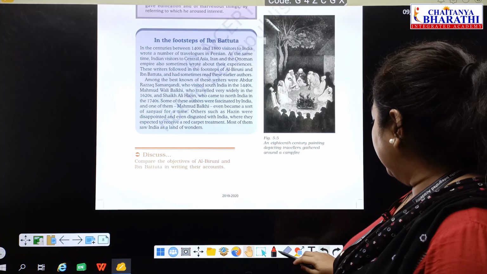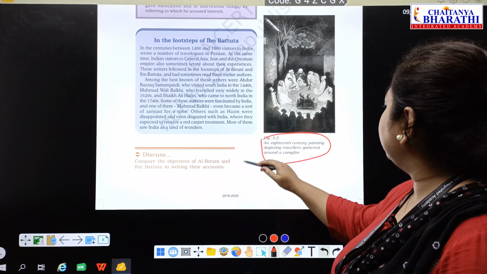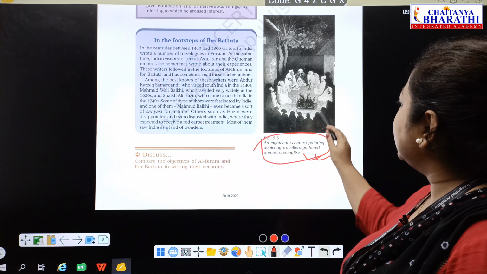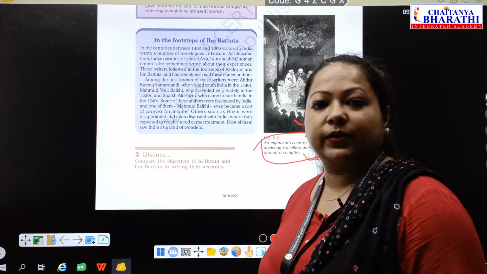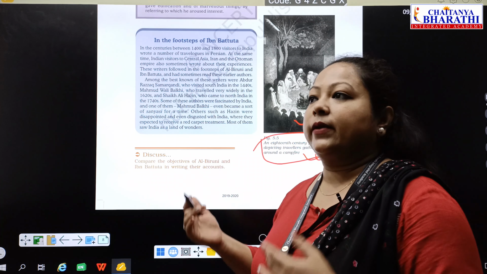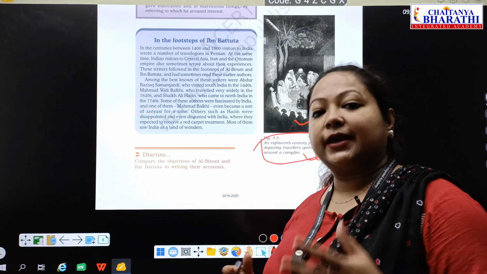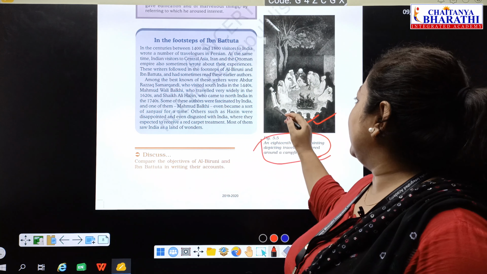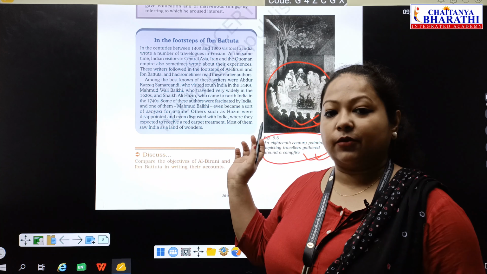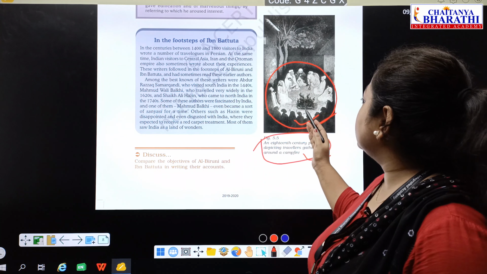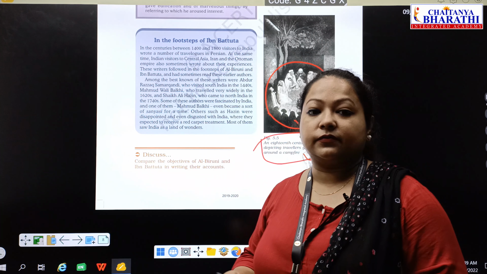See, this is again a different image, an 18th century painting depicting travelers gathered around a campfire. Generally we do this in this century also. Wherever we visit, we have a campfire, a group of people gather together for discussions. Looking at this picture, maybe this is a tradition that came from them, because these are travelers, maybe from different parts of the world, maybe different parts of the country.